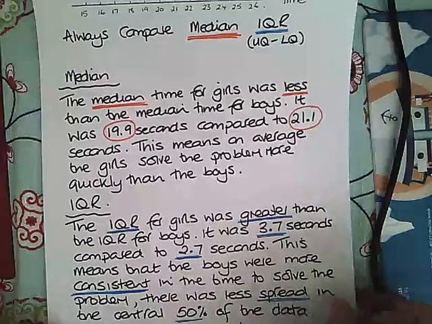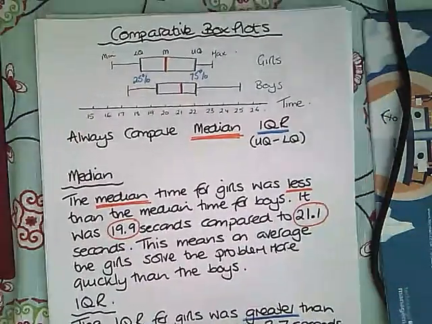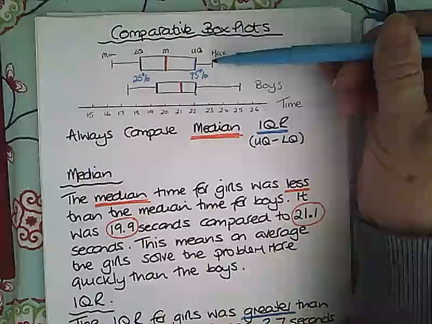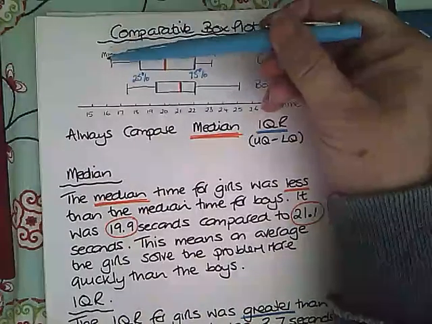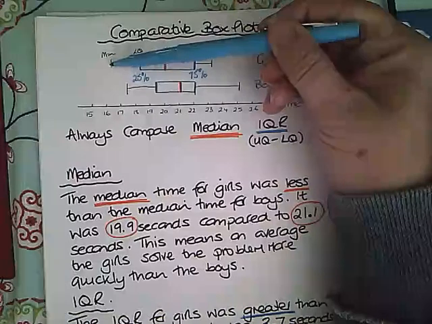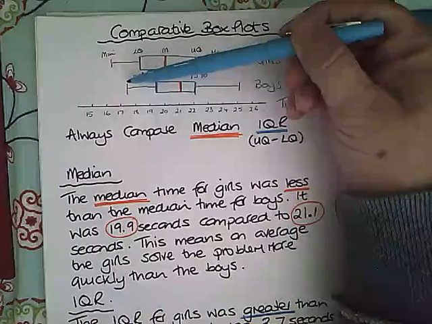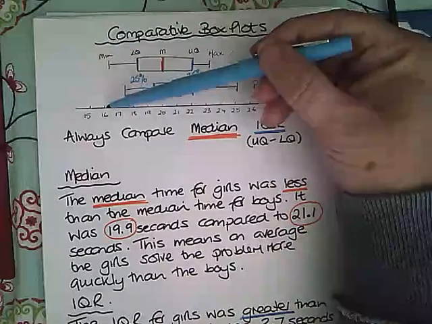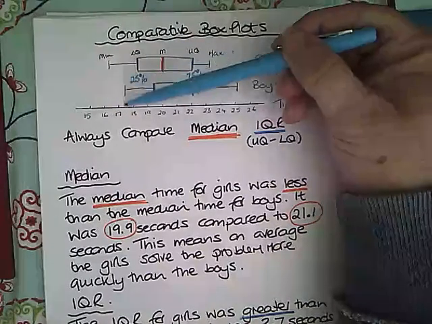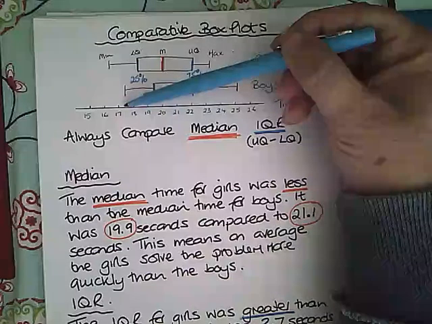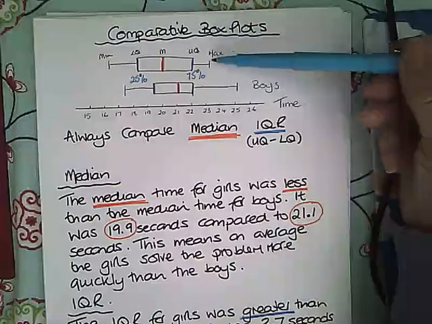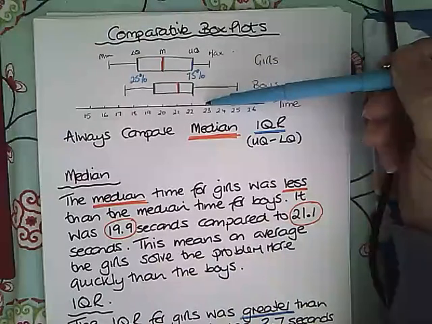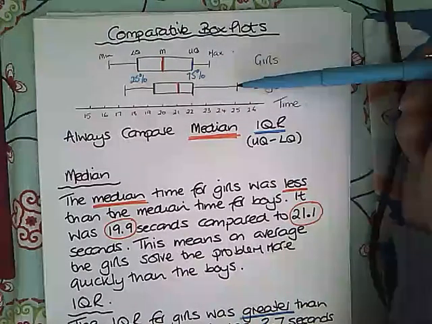And finally, there are other things you could compare on these two box plots. For example, you could say that the quickest girl here, the one with the minimum time, was quicker than the quickest boy, because her time is around about 16.2 seconds and his time is around about 17.4 seconds. You could say that the slowest girl who took the longest time, 23 seconds, was quicker than the slowest boy.